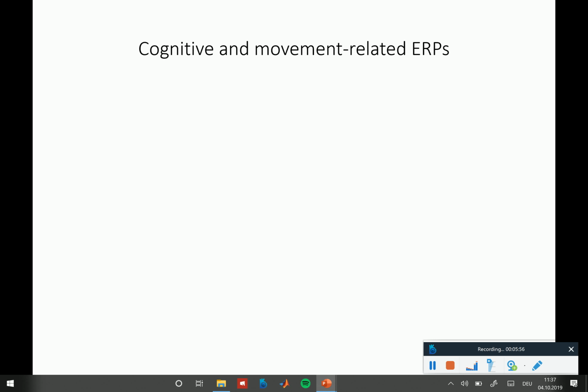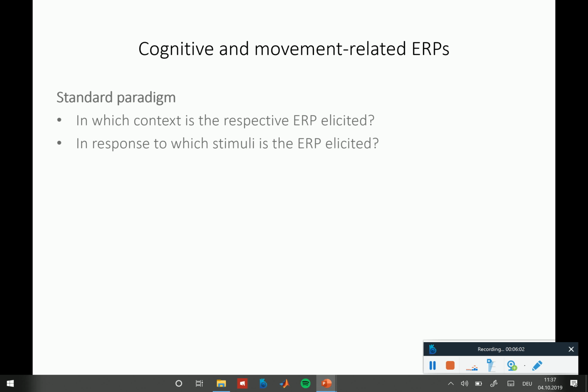There is a scheme that I use to introduce these cognitive and then also the movement-related event-related potentials, which is also helpful as a guideline for you when you learn about them, because these cognitive event-related potentials always come with a standard paradigm, usually the paradigm in which they were first observed.